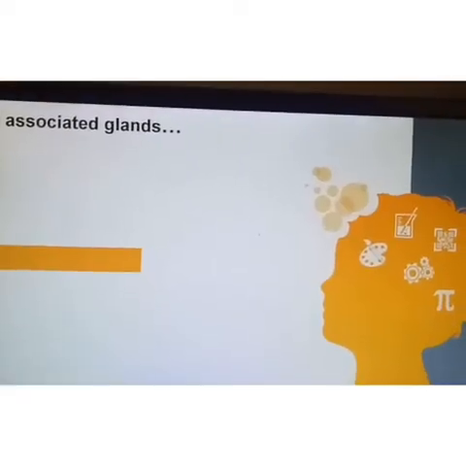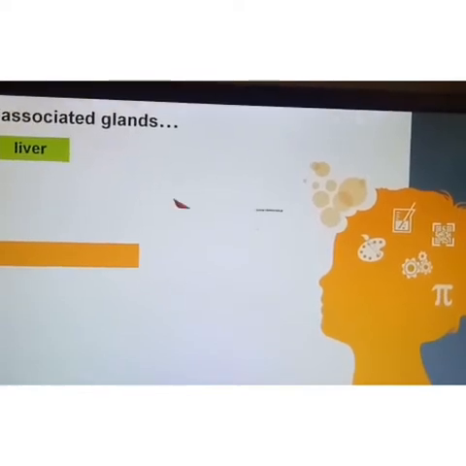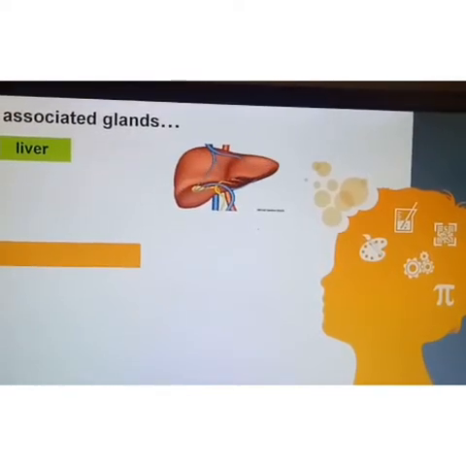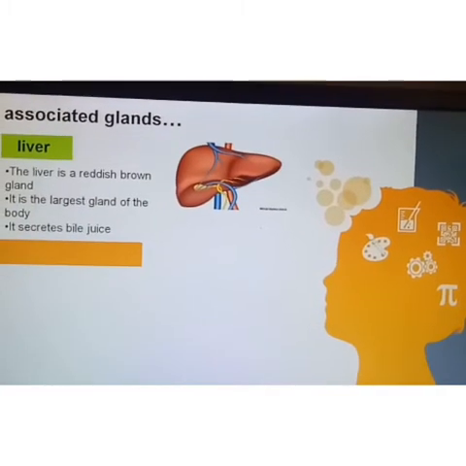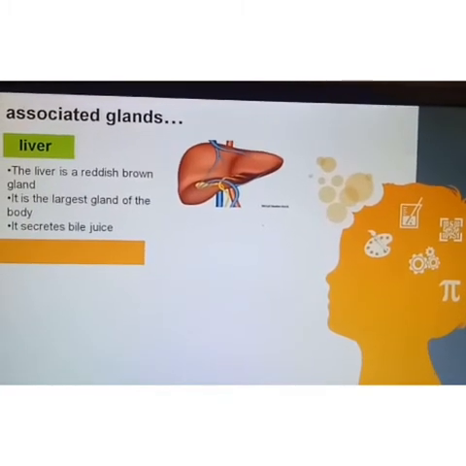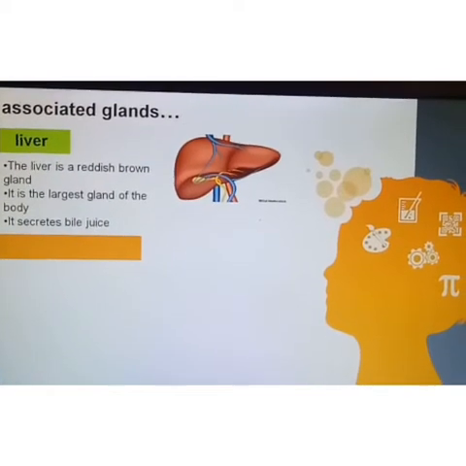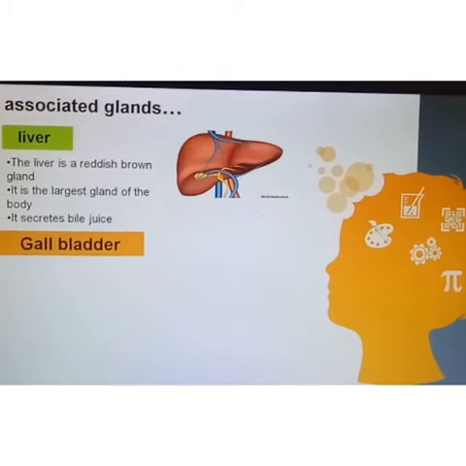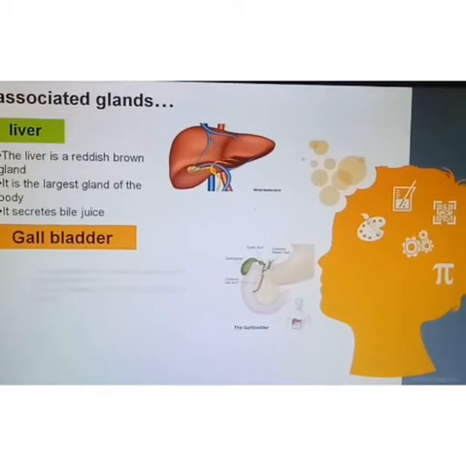Now let us learn about the associated glands. The first being the liver. The liver is the largest gland of our body. It is reddish brown in color and it secretes bile juice. The bile juice that the liver secretes is stored in another associated gland called the gallbladder.